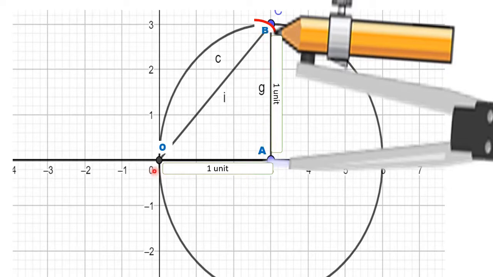Now, OA is already equal to 3 cm and we have taken the distance AB also equal to 3 cm. Remember properly that though the measurements are 3 centimeter, we are going to write O to A as 1 unit as well as A to B as 1 unit.